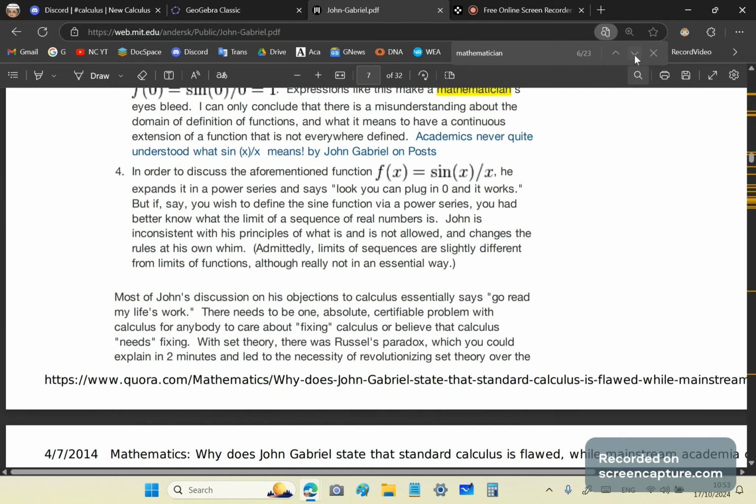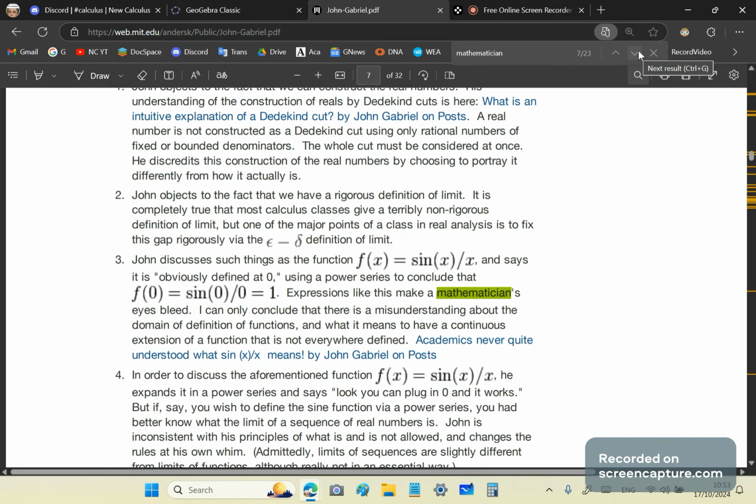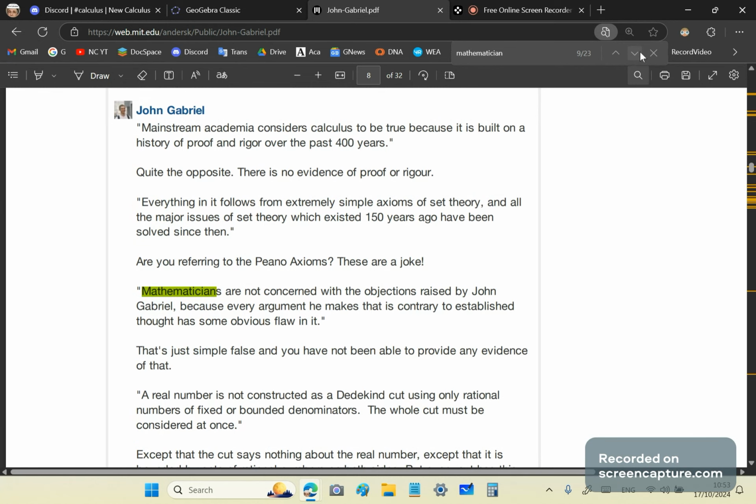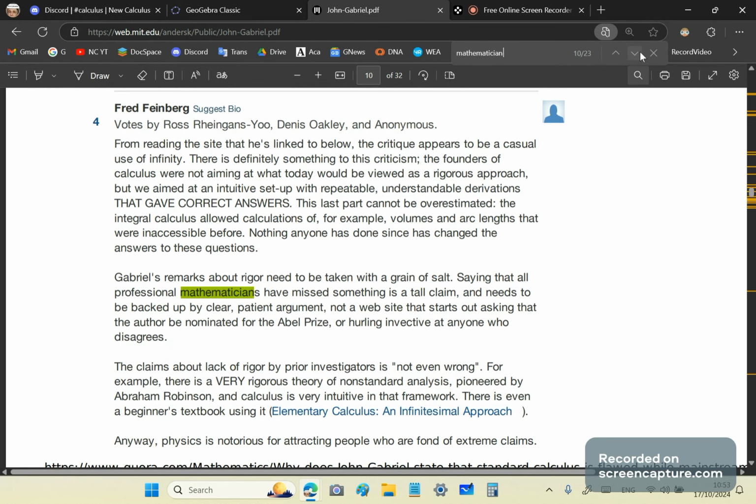After that, lackeys and morons who don't know anything about mathematics just felt free to join in, like this Fred Feinberg, who says, "Saying that all professional mathematicians have missed something is a tall claim." Well, hey, Feinberg, wherever you are right now, what do you have to say for yourself?